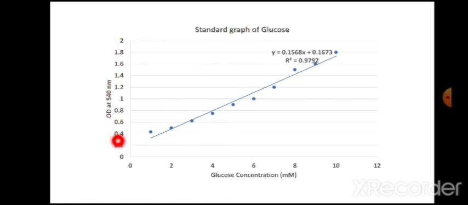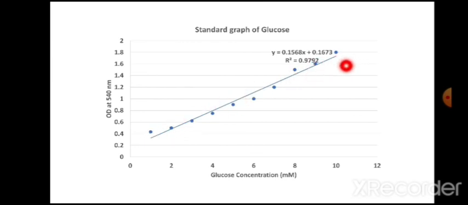So on the y-axis it is optical density at 540 nanometers. On the x-axis it is glucose concentration in millimoles. Now we have drawn a line. So as it follows the Beer and Lambert's law, as the concentration increases, the optical density also increases, and we have to draw a best fit line.